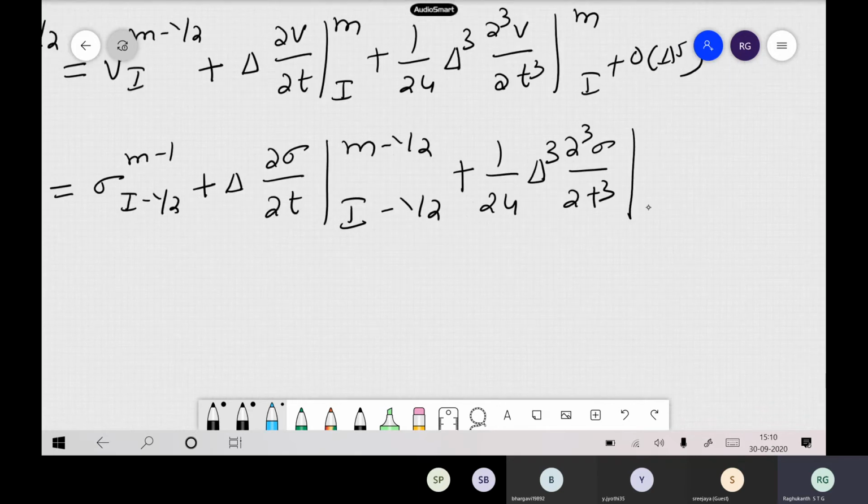So this is also defined at i minus half, m minus half, plus order of delta to the power of 5. So these are the derivatives now.